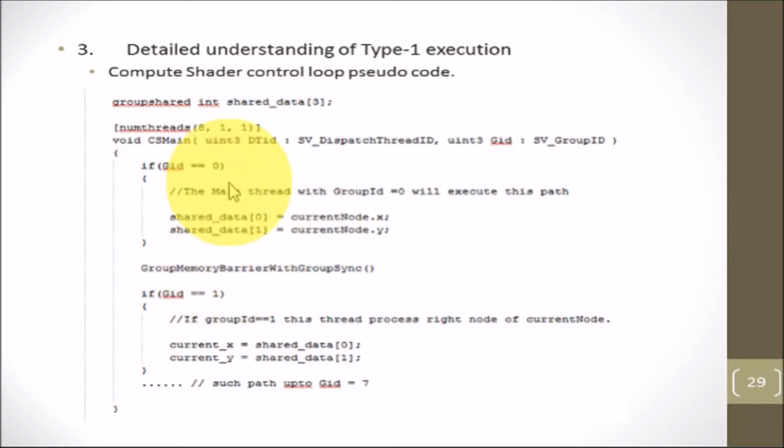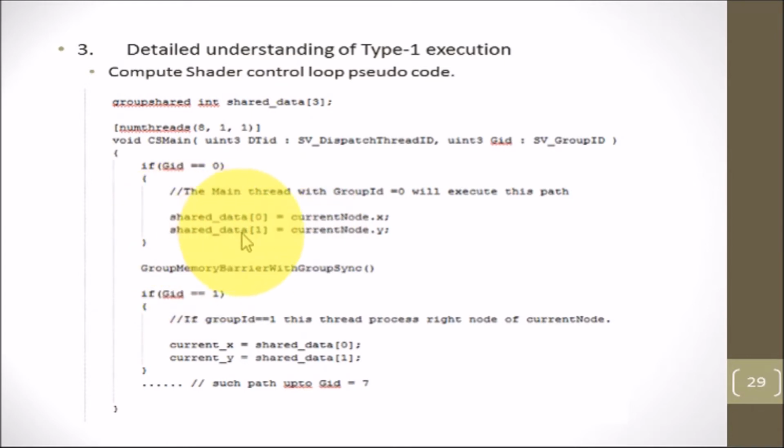So what will happen is the 0th thread, which is the main thread responsible for processing of a particular agent, will put the current node data into the shared group, and then all the other threads, which are 1 to 7, will wait for the 0th thread to complete this data transfer.